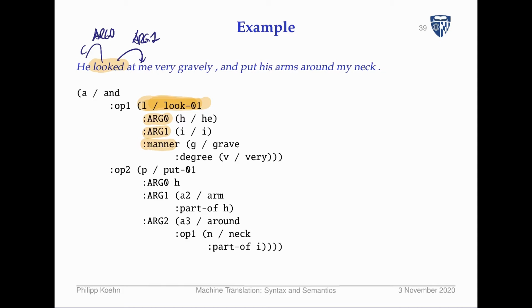So how is it formulated? Well, it uses the words here and then introduces variables for them, which may be reused. You actually see it here, the variables for "he" and "I" are being reused here. How does that happen? "He looked at me very gravely because he put his arms around my neck." That's the second sentence.